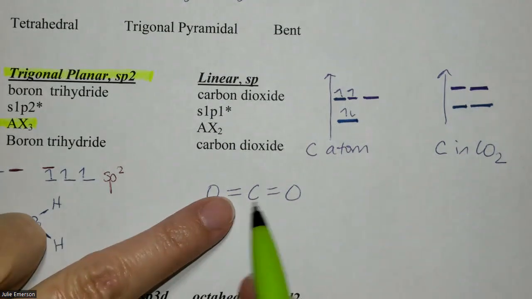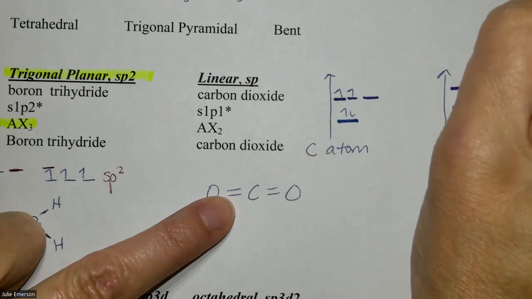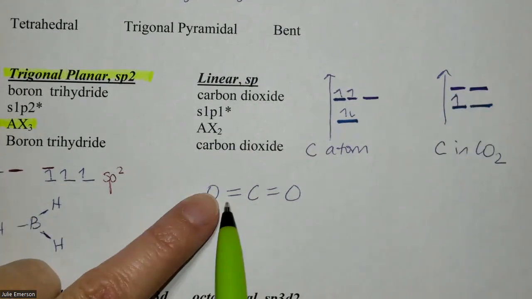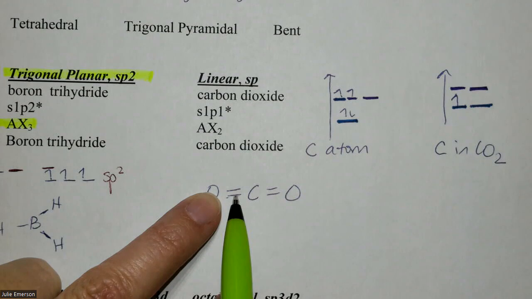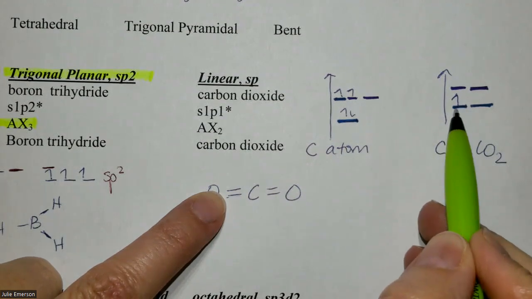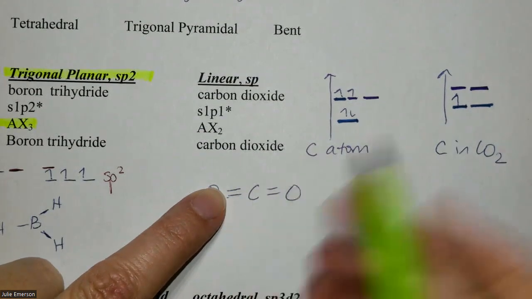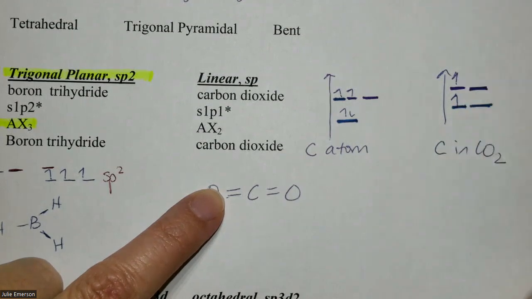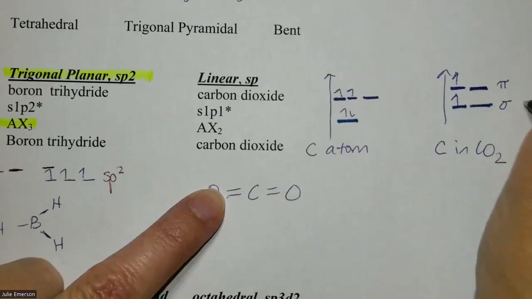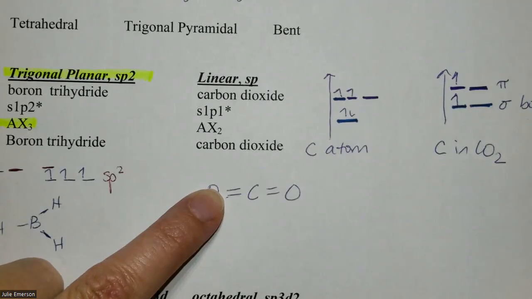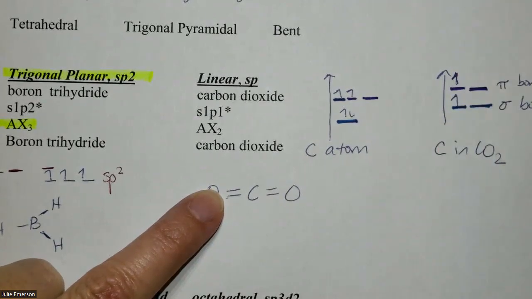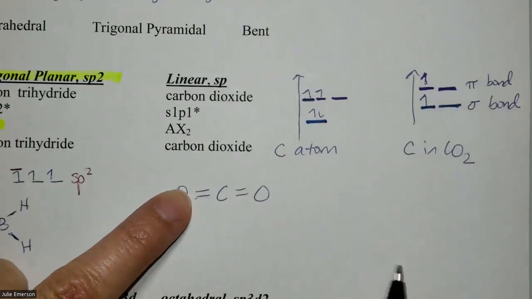Because these are double bonds, the first part of that double bond is called a sigma bond, right? That's like the baseline. But there's a second bond here, and that's called a pi bond. So the single bond, or the first part, is called the sigma bond. So I just remembered sigma for single. That made sense.